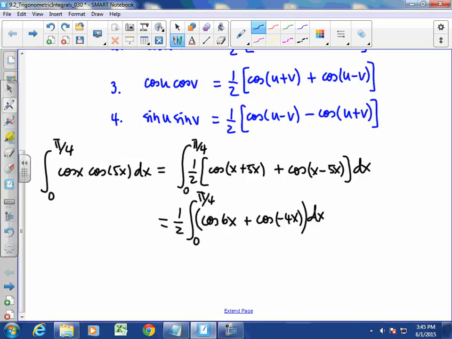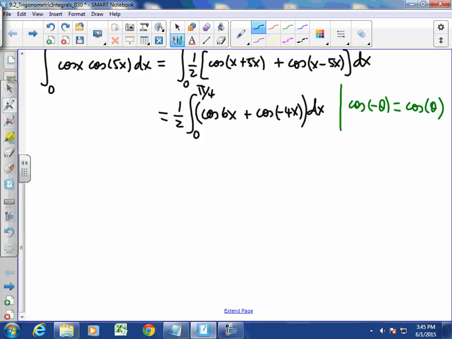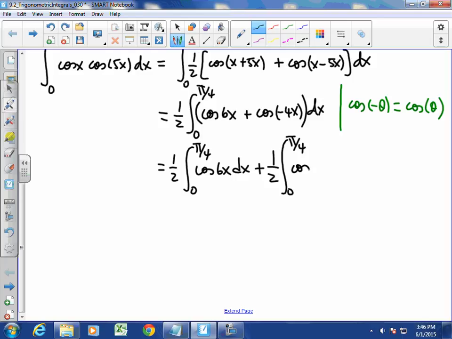Now you also learned that cosine of negative theta is always cosine of theta, isn't it? So cosine of negative 4x is the same as cosine of 4x. So this is 1/2 integral from 0 to pi over 4 cosine of 6x dx plus 1/2 integral from 0 to pi over 4 cosine of 4x dx.